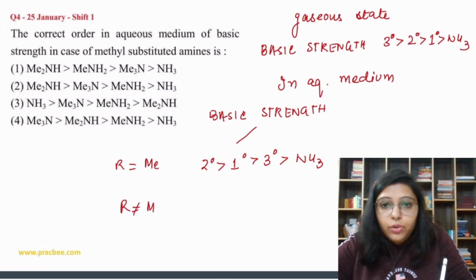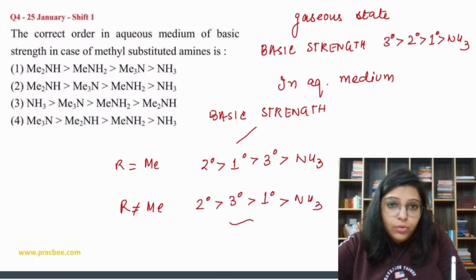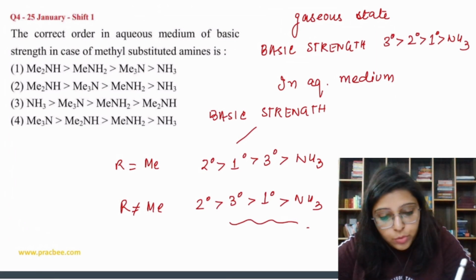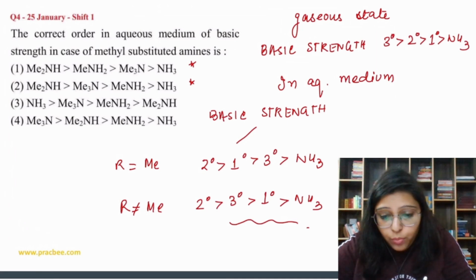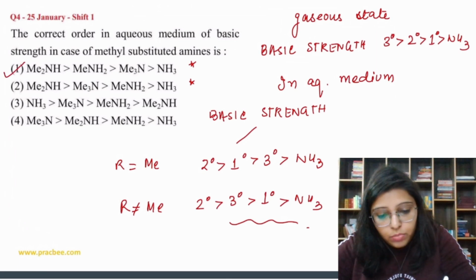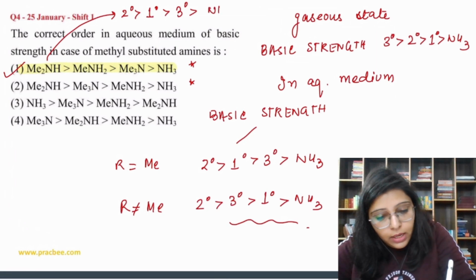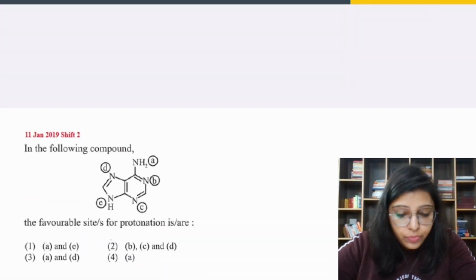If R is not a methyl group, then we have 2 degree, 3 degree, 1 degree, and ammonia. You just have to learn this in order to solve this question. 2 degree is going to be most basic, so as per this we have only option 1 and 2. After 2 degree, because this is a methyl group, we have 2 degree, 1 degree, 3 degree, and then ammonia. So the answer is going to be option number 1. Understood? Now moving on to the next question.